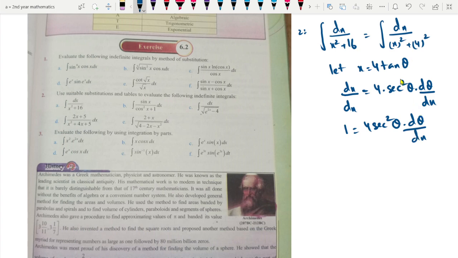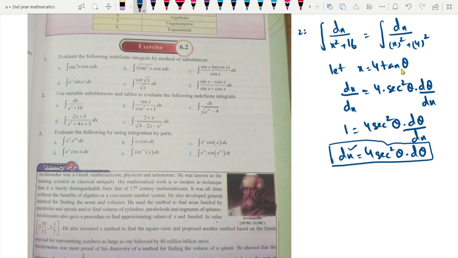So dx is equal to 4 secant square theta d theta. At the place of dx I can write this, and at the place of x I can write this.